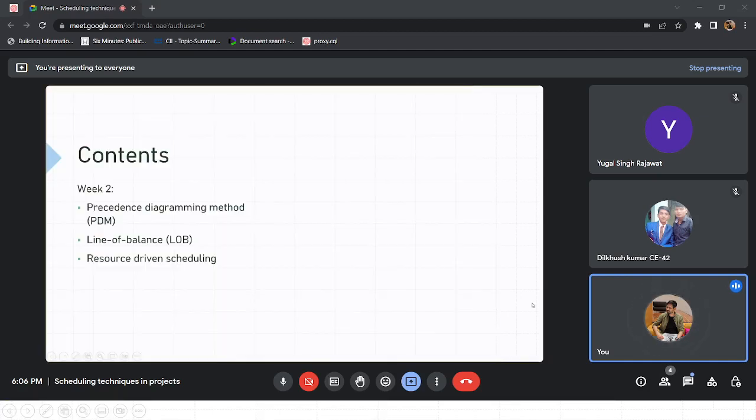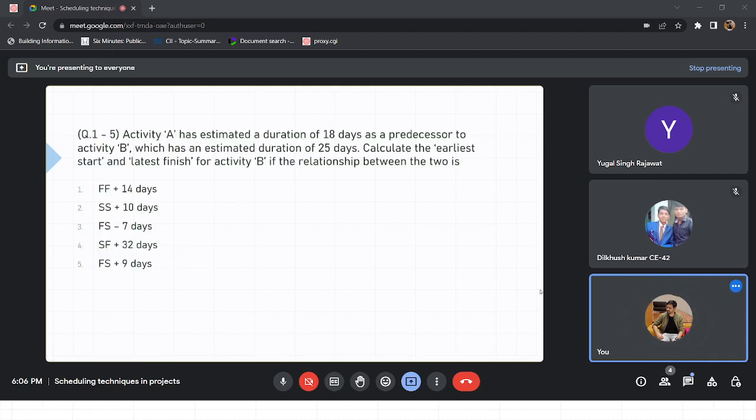Week 2, we covered 3 topics: precedence diagramming method, line of balance, and resource driven scheduling. Coming to the first question related to precedence diagramming method: what is the difference between CPM and precedence diagramming? Is there some difference or is it the same?